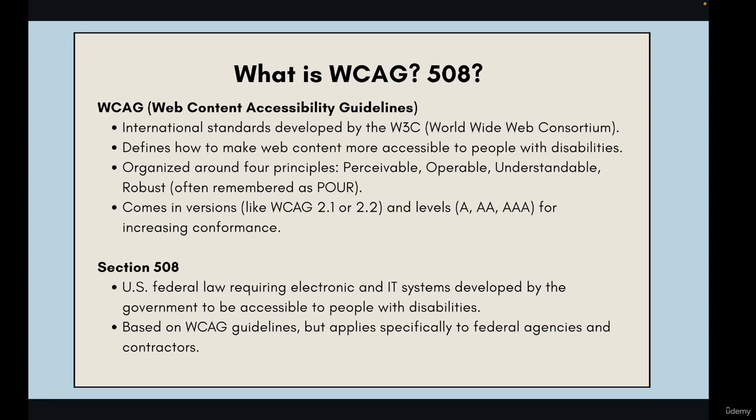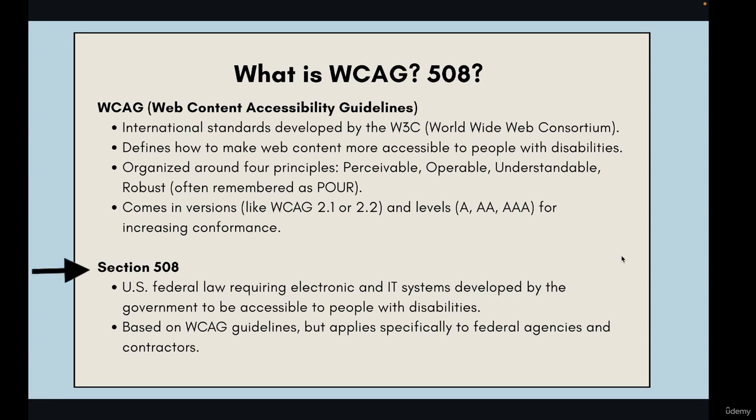This is the most common one. For example, Fortune 500 companies will usually ask you to test level AA. And then level AAA is the most rigorous level. This aims for the highest possible accessibility and accommodates a wider range of users.